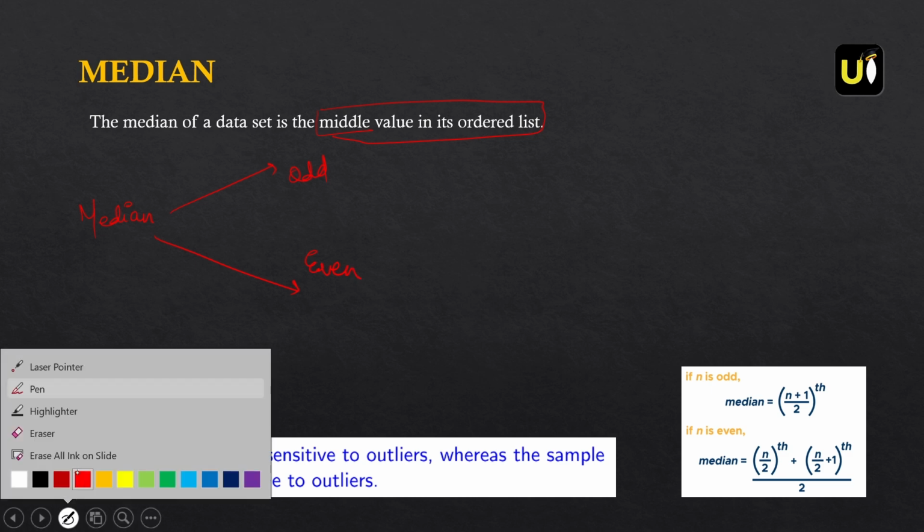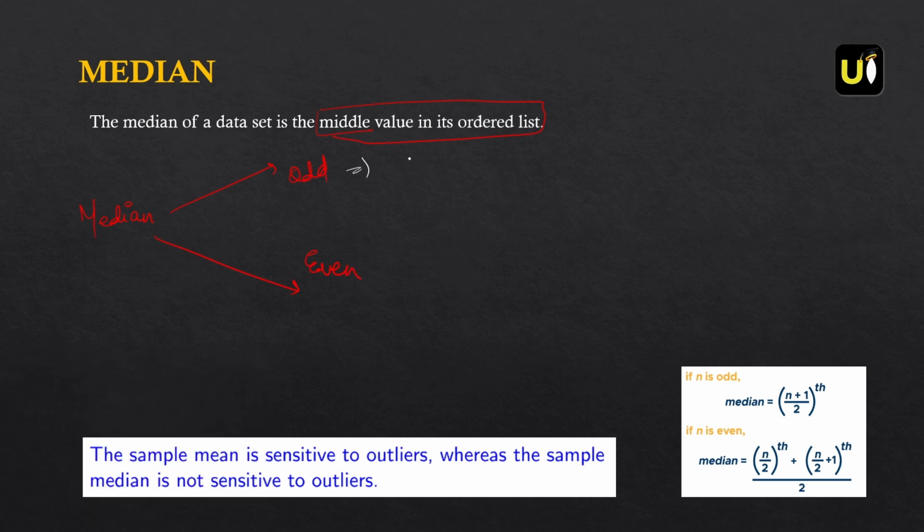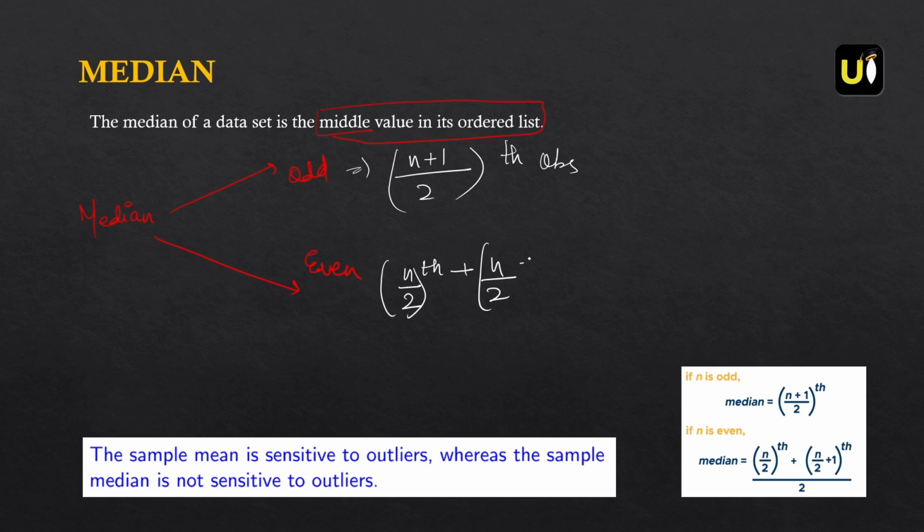If n is odd, it is simply the (n plus 1) by 2th observation. And if it is the case of even, we have the n by 2th observation plus the n by 2 plus 1th observation.